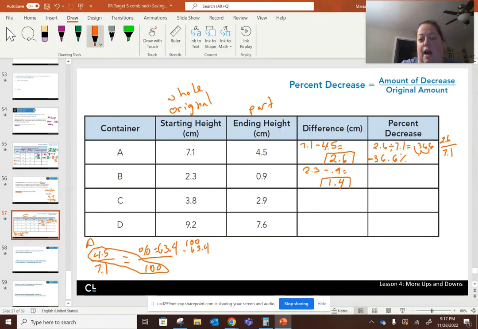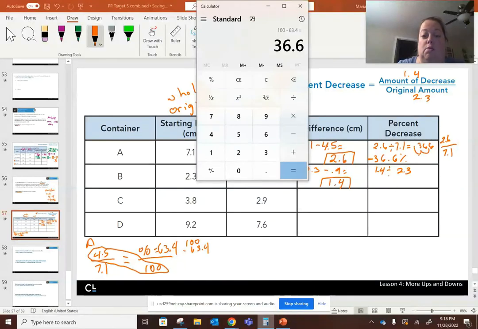And so I'm going to use that 1.4 divided by, and again, it tells me up here, the 1.4 divided by the original amount. And this is 2.3. So I'm going to go divided by 2.3. Remember, in division, order matters. So 1.4 divided by 2.3.